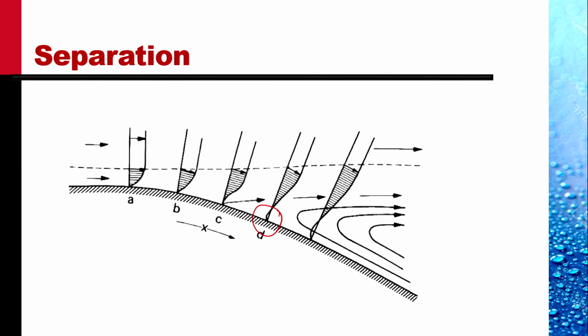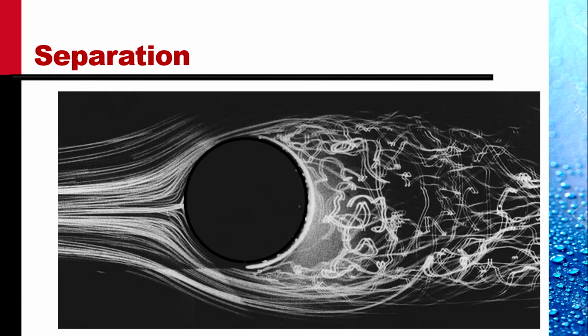And so the flow has separated from here, and this is the region of recirculating flow. This makes the Euler equation break down completely, and that approximation is no longer valid. This is what the final flow looks like. Thank you.